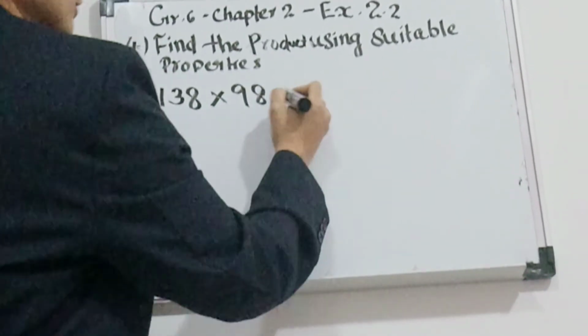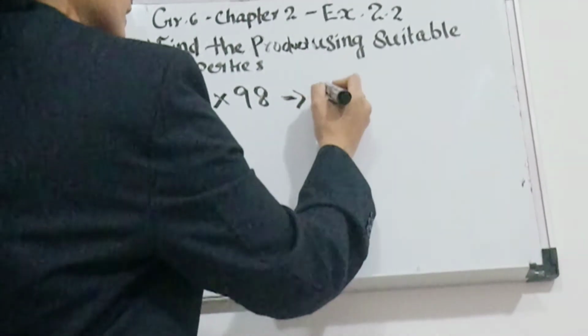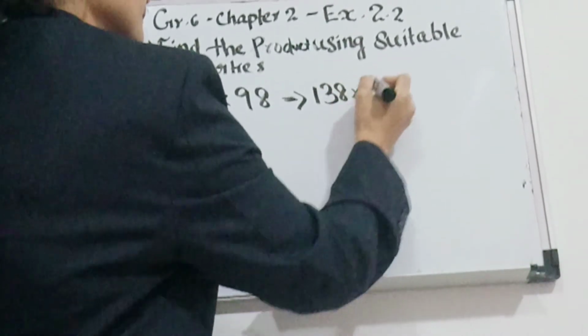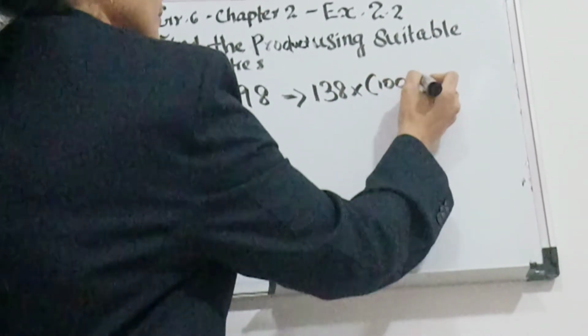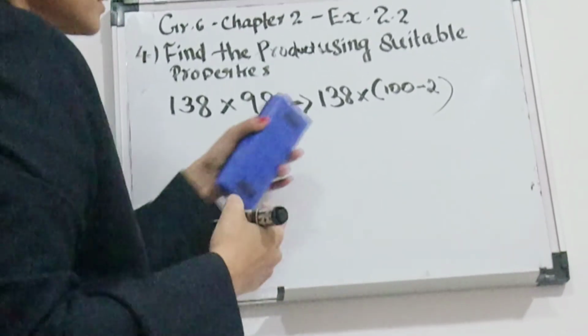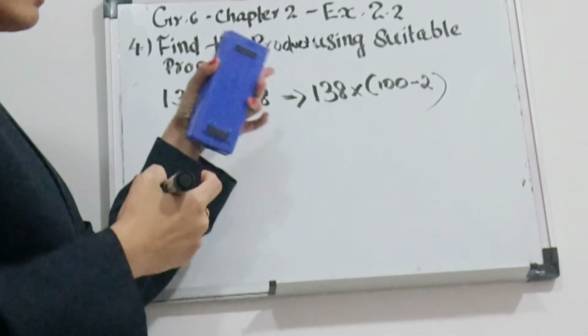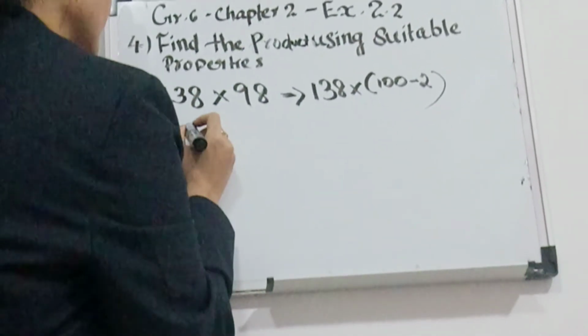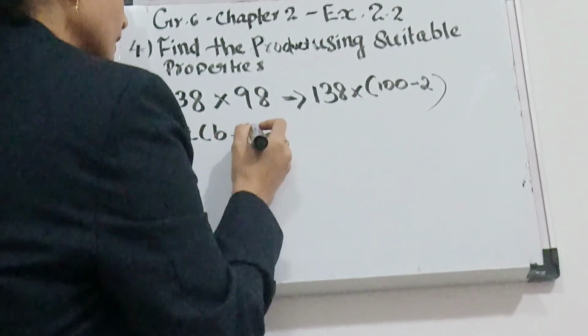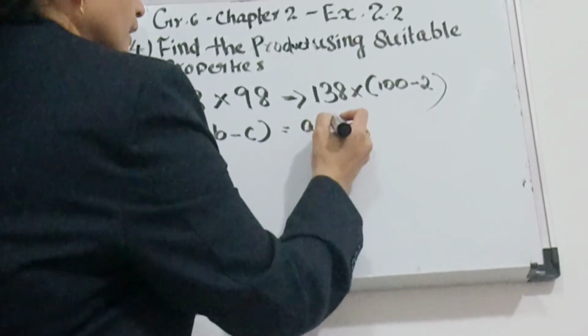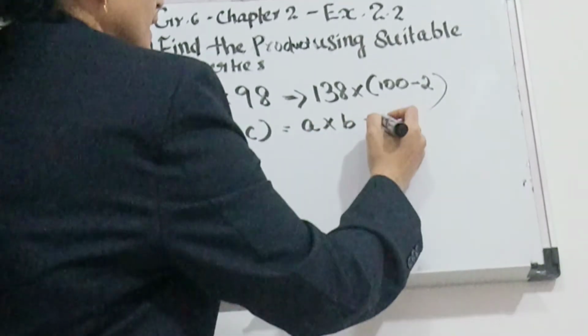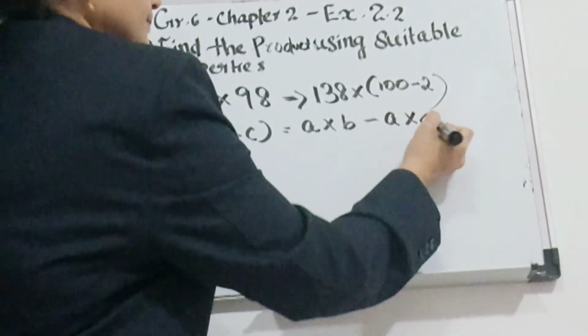Here I am going to change this 98 into 100 minus 2. We are going to use the distributive property of multiplication over subtraction. So A into (B minus C) equals A into B minus A into C.